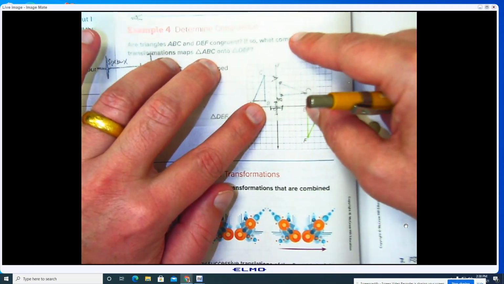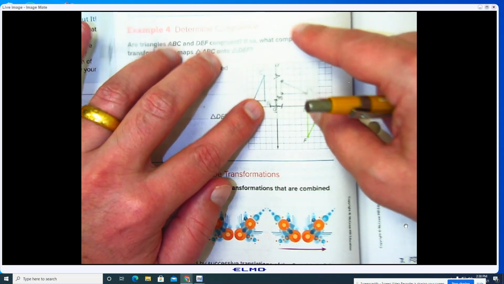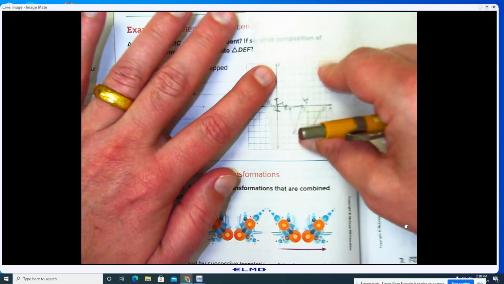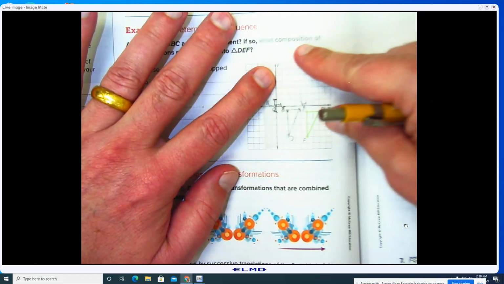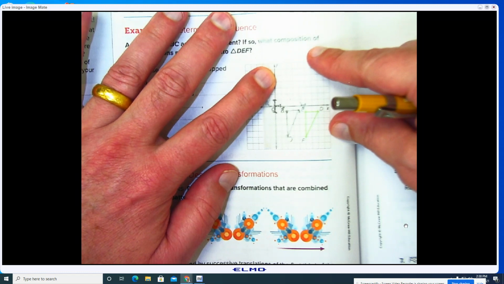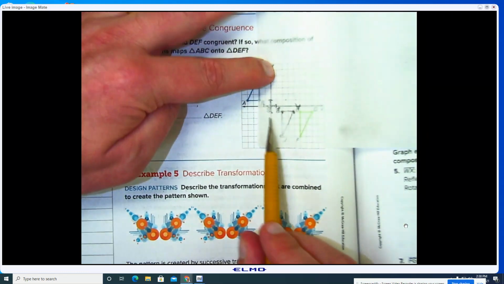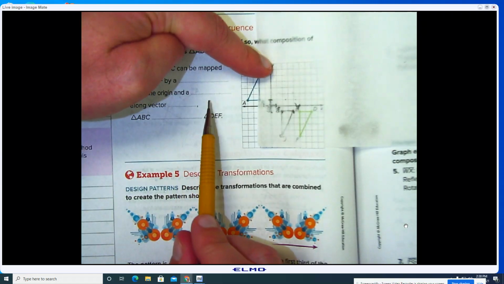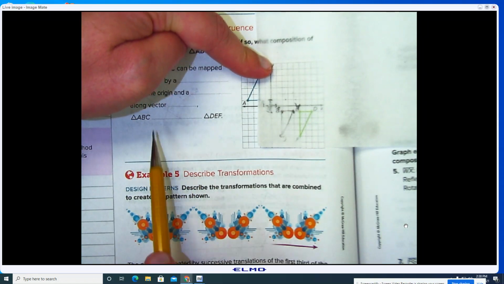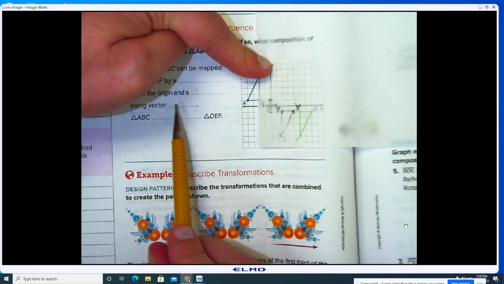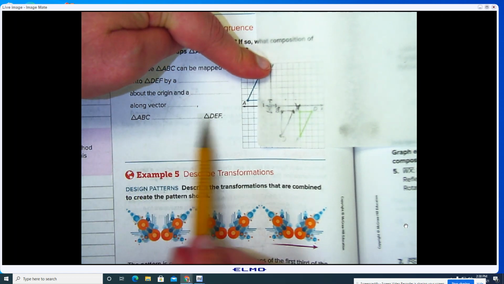Would that work? Nope, still not lined up together. Would that work? Yes, notice we're almost there to our shape. So that's a rotation of how many degrees? That's a rotation of 180 degrees and a blank along vector something.